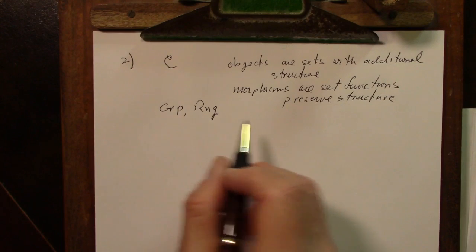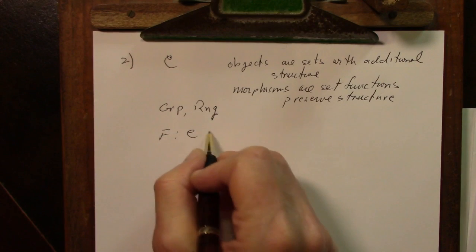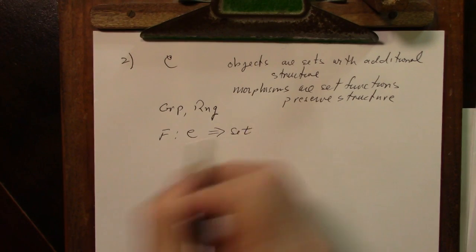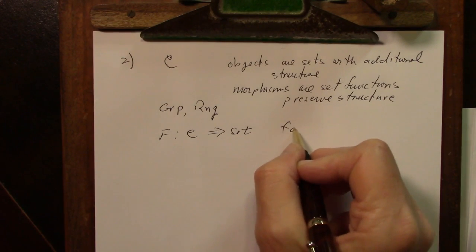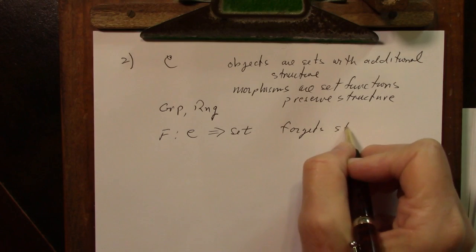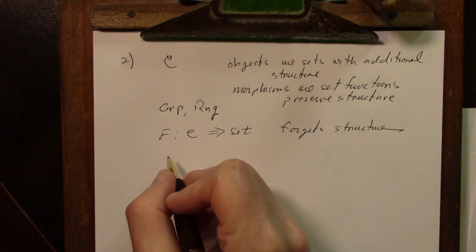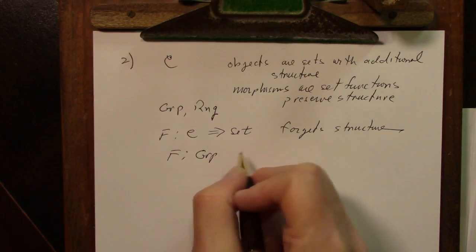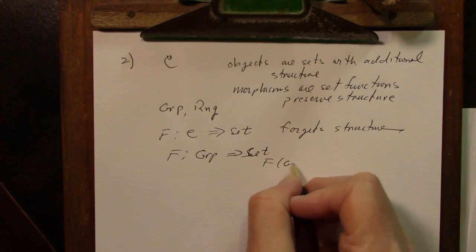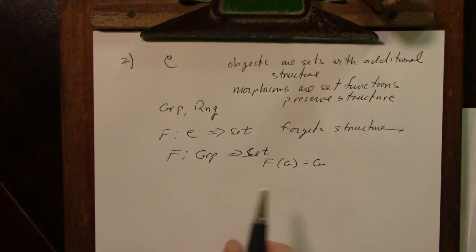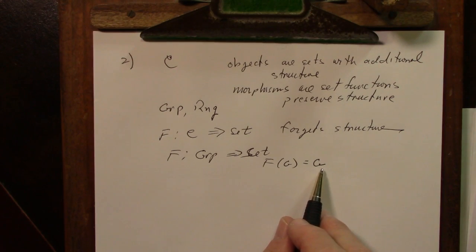So this gives us an opportunity to define a functor F from C to Set. And what does F do? It forgets the structure. So in the case of Group, for example, F maps a group G to G itself, but on the left we think of G as a group, and on the right we think of it just as a set.